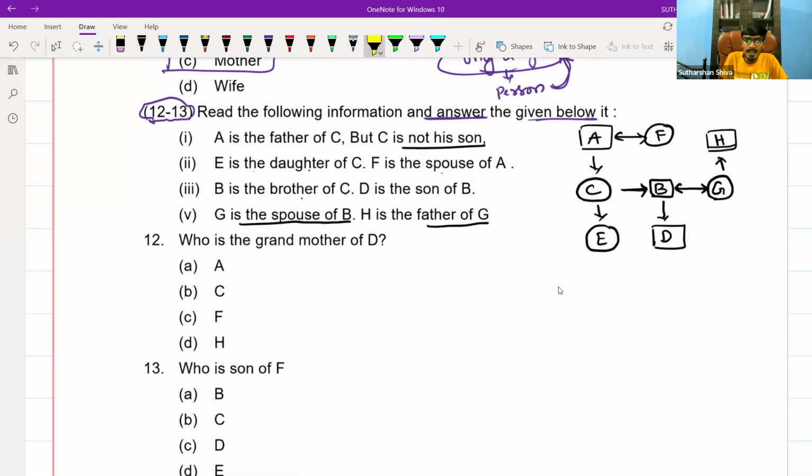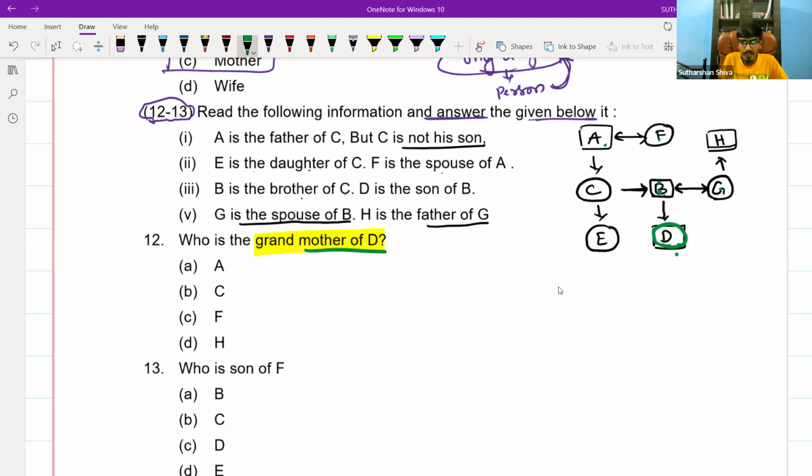Who is the grandmother of D? Where is D? D's mother is G. Grandmother is F. B's son only D. For B, A is a father and F is a mother.